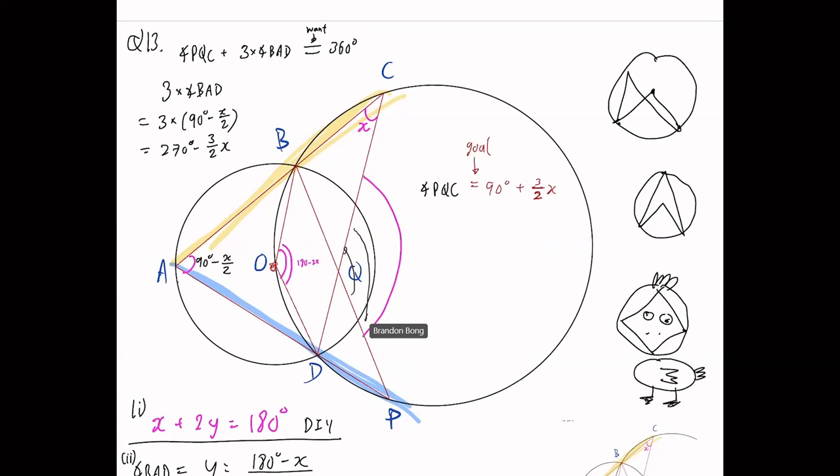Is this plus 2x? Plus 2. Oh, yeah. But that's not helpful.